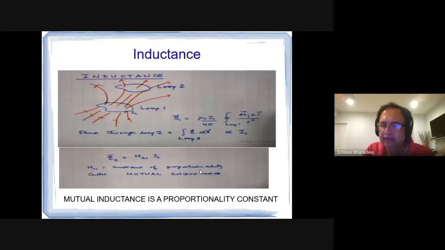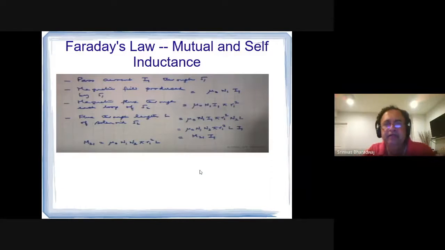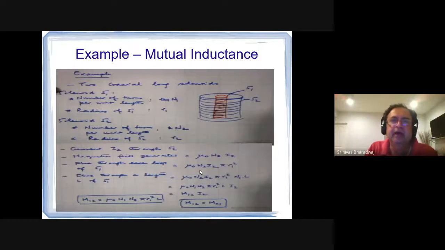Now when it comes to transformers, it is the ratio between the number of loops which decides whether the voltage is stepped up or stepped down. That is the idea behind mutual inductance. When you pass current through one, it induces a current in the other, and later when you pass the current to the other one, it also induces a current in the first. So this mutual inductance is the same between the two, regardless of which side you pass the current.